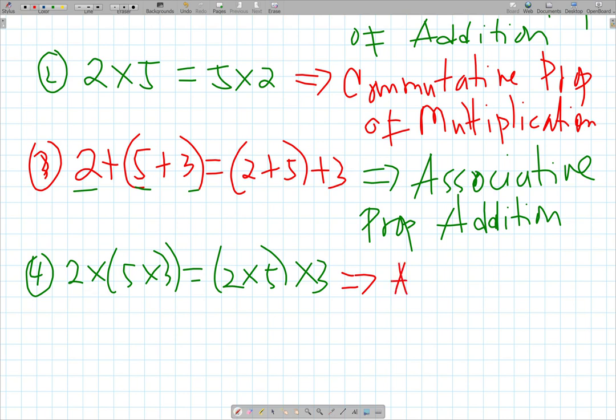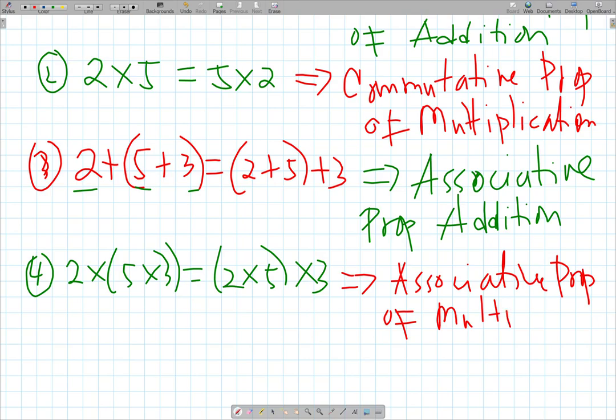Sulat mo agad, associative. Associative property of what? Ano ang operation dito involved? Di ba? Times yan. So, that is multiplication. So, ibig sabihin, that is associative property of multiplication. Okay?